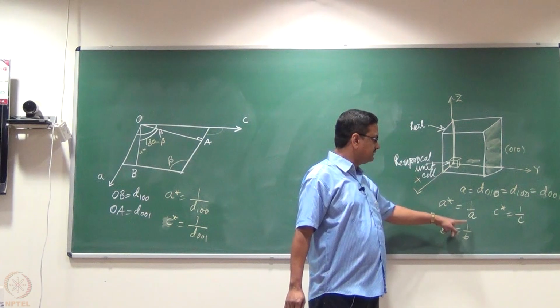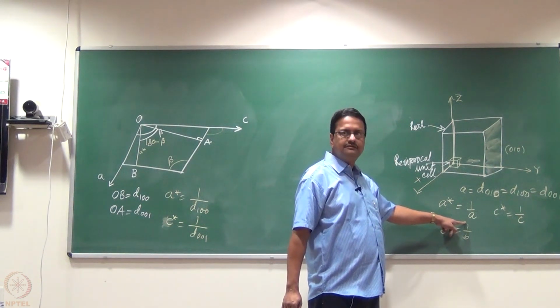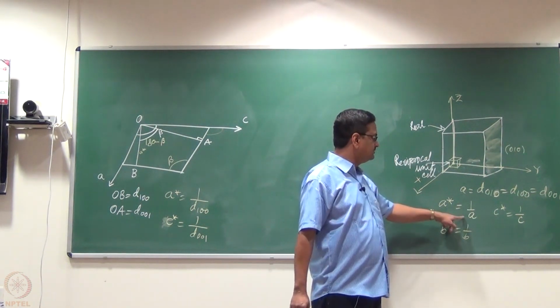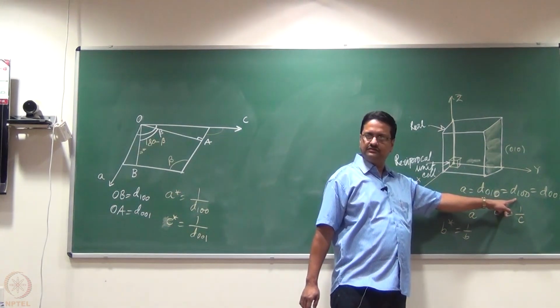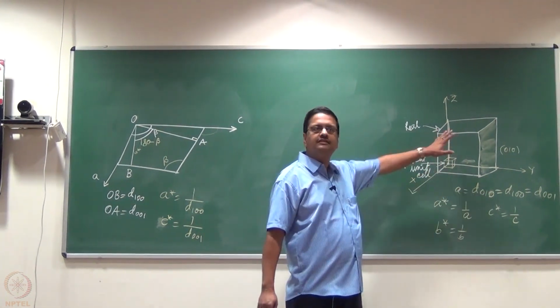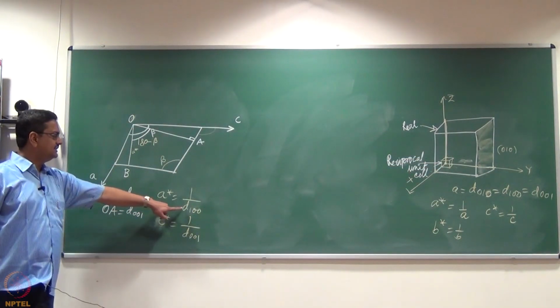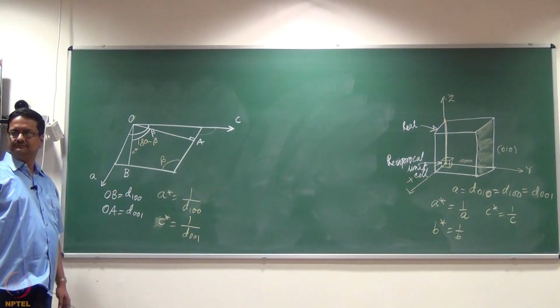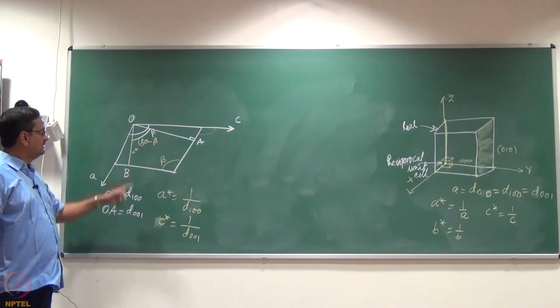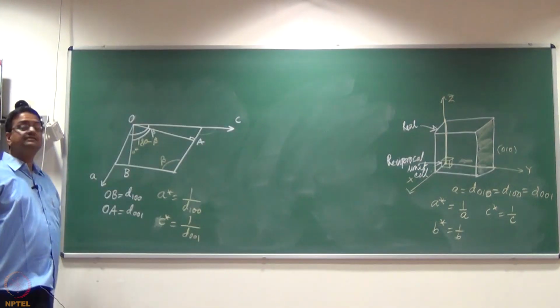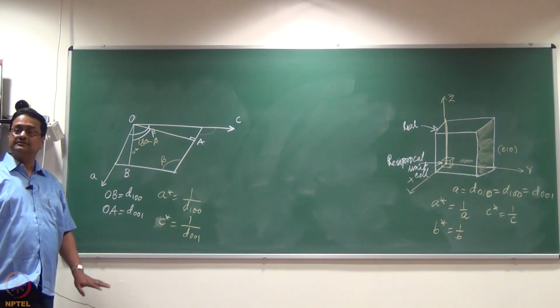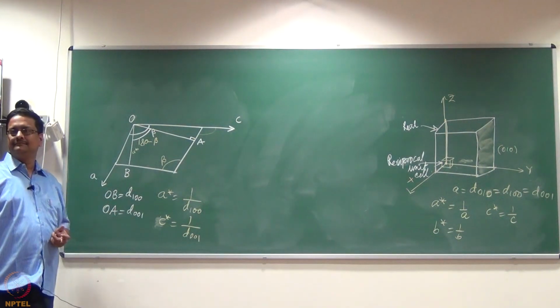In the cubic case, A star is equal to 1 by A, that is 1 by d100 or d010 or d001, because it is a cube. So now here, A star is 1 by d100. Now you tell me what is d100 in terms of A and beta.